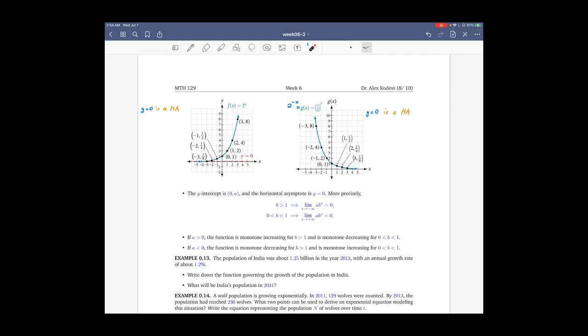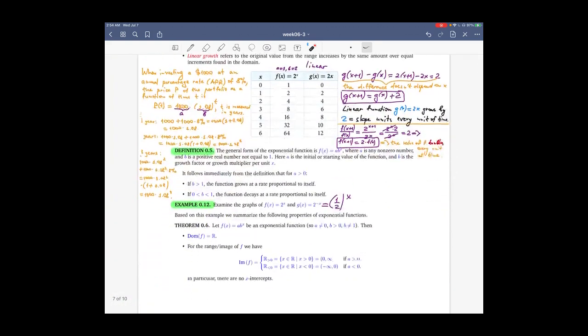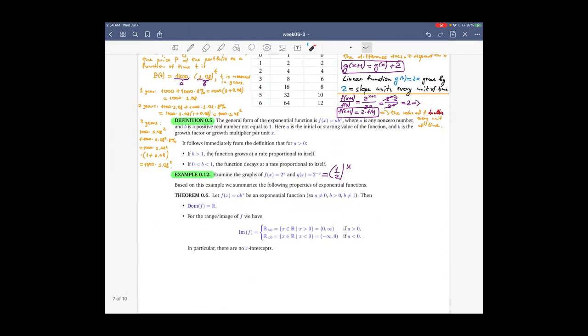We can summarize all these observations in a theorem. Suppose we have an exponential function where, again, a is non-zero, b is positive and different from 1. The function is a times b to the power x. The domain of the function is always the entire real line. The image depends on the sign of a.